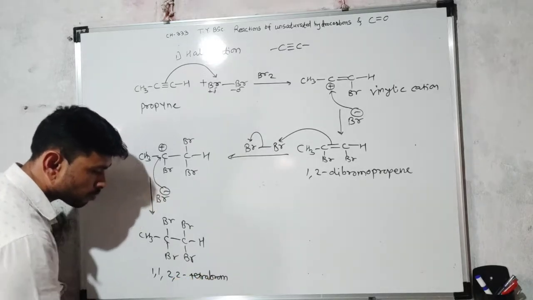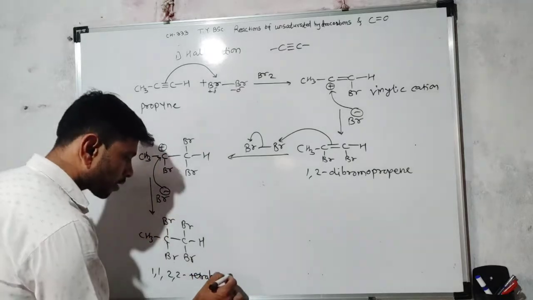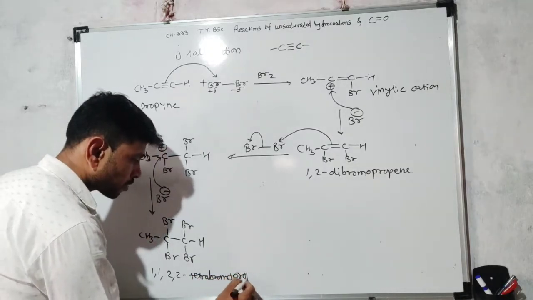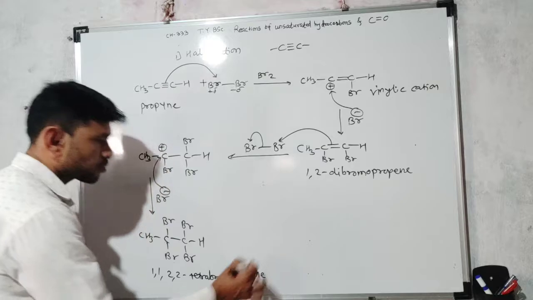Here 4 bromine atoms are there. Tetrabromo propane, a saturated compound. So we obtain this product.